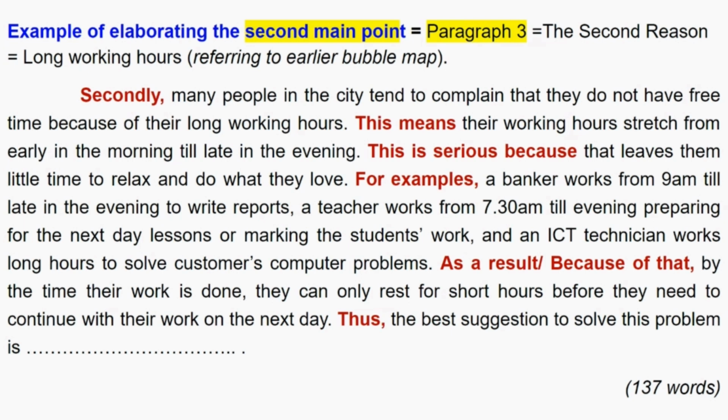You can refer to the bubble map earlier on. See how the sentences begin with words in red that are tags to these sentences, stating what that sentence is about.